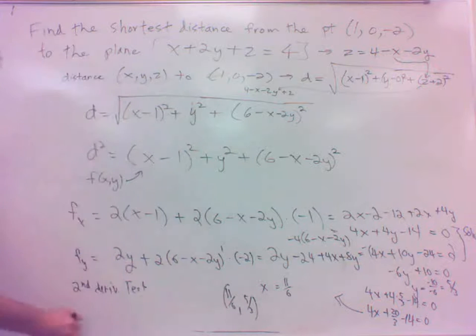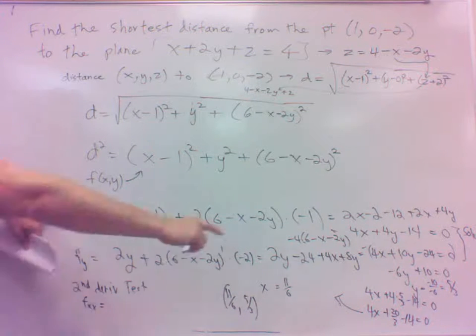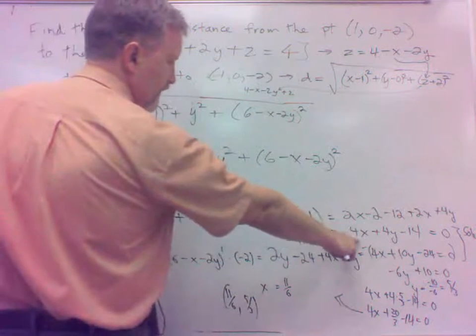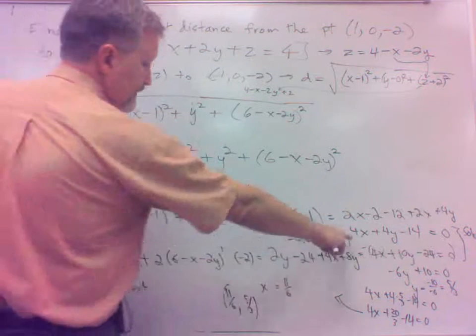If we go to our second derivative test, with the second derivatives, fxx, turns out they're pretty easy. The second derivative with respect to x, we're just differentiating fx, would be 4.